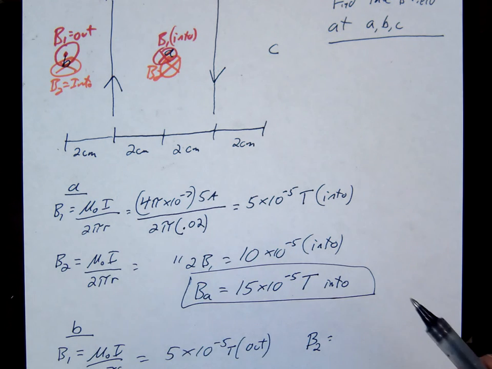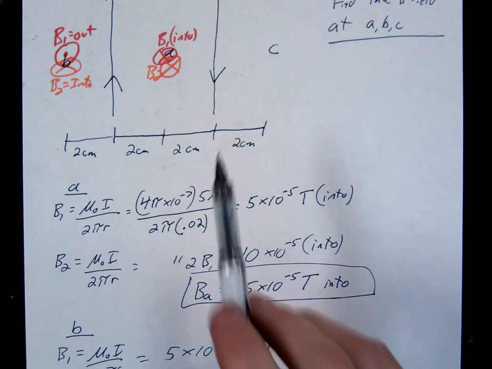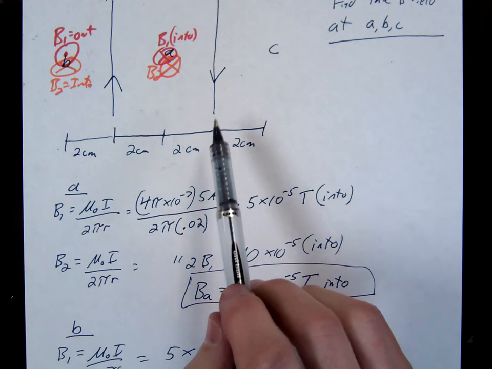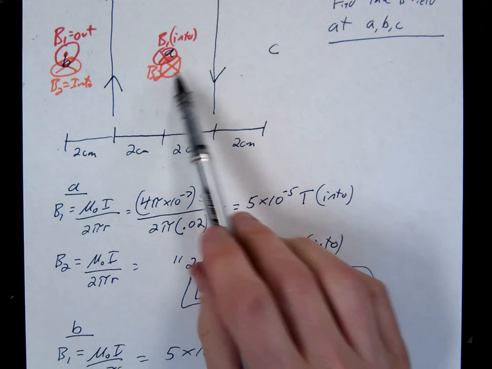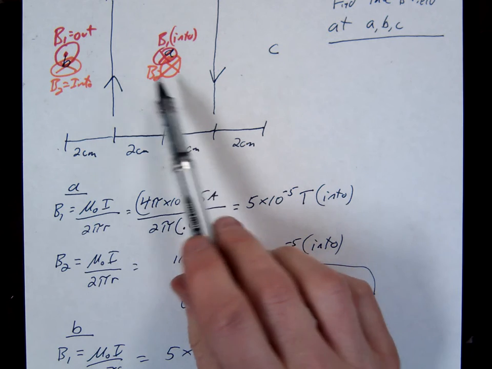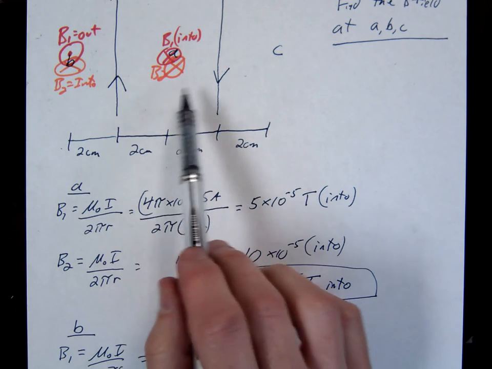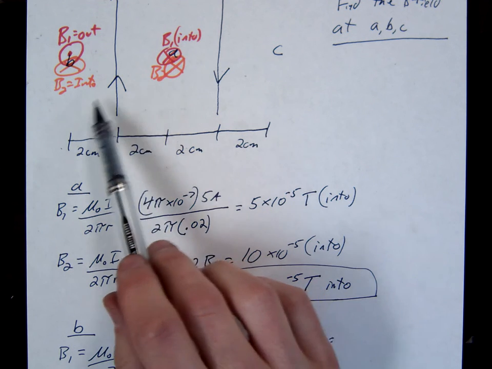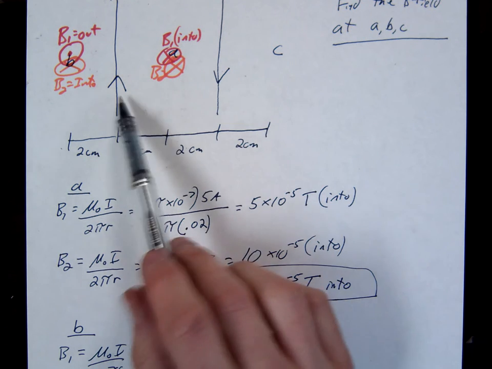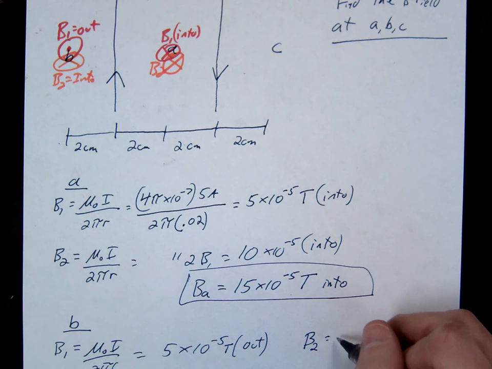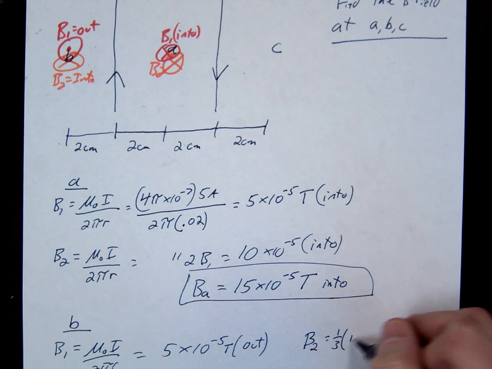If I gave you weird numbers, you'd go ahead and calculate it out, using mu naught I over 2 pi r. But I gave you nice numbers, right? Because notice, right here we were 2 centimeters away. How far are we now? 6 centimeters, which means we are 3 times farther. So if we're 3 times farther away, what should be true of the magnetic field? 3 times smaller, or 1/3. So the answer should be 1/3 of whatever we got before.